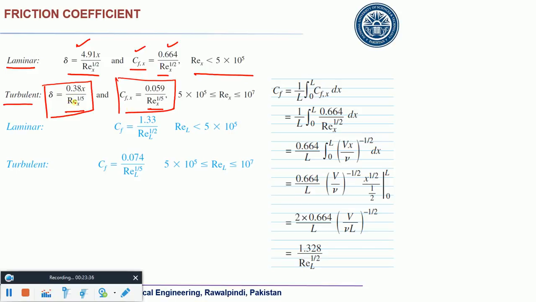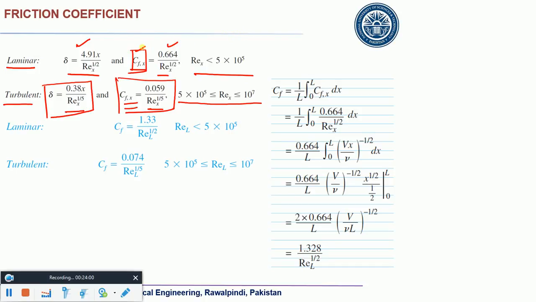Delta is equal to 0.38 x over Reynolds number raised to power 1 by 5, and this local CF is 0.059 over Reynolds number raised to power 1 by 5, and this relationship is true for this range of Reynolds numbers. Okay. If I ask you to find out average friction coefficient, what can you do?